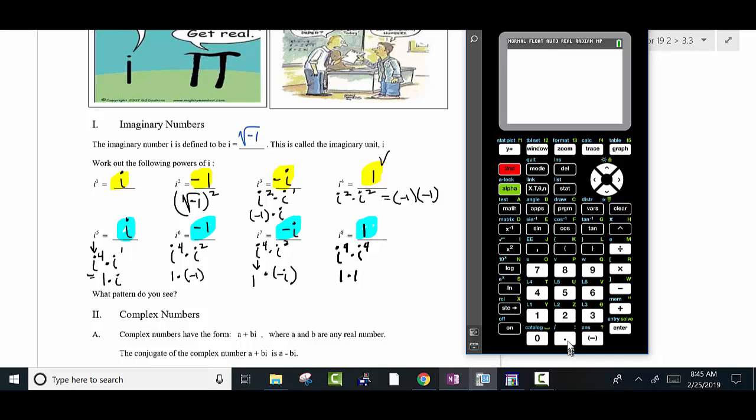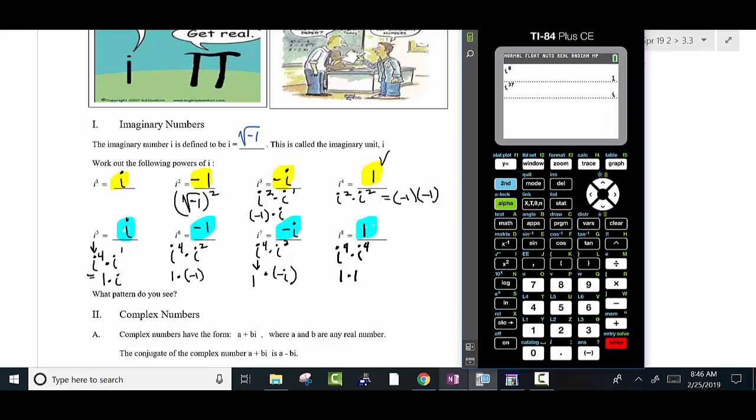You could press second decimal to get i to come out, and then raise that to the 8th power, and it gives you 1, okay? So you can do powers, and sometimes they'll turn out kind of weird. If you do i to the 37th power, that just gives you i. You can do those powers of i on there, but there are times when they turn out kind of funny depending on your calculator.